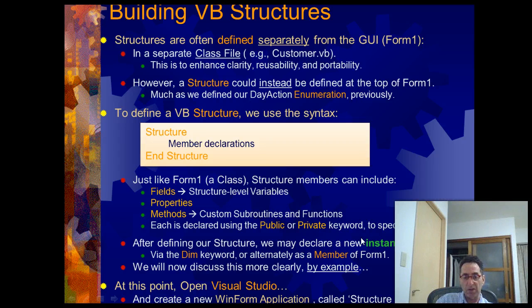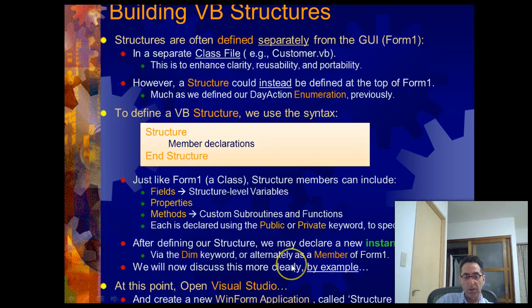After defining our structure, we may declare a new instance via the dim keyword. So just like we can use the dim keyword to create a new integer, once we define a structure, we can get an instance of that as well using the dim keyword. You'll see in a minute or two. Or alternatively, as a member of a form. We will now discuss this more clearly by example.